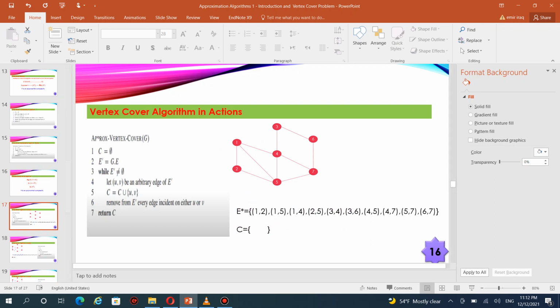So in this, we will see C, the solution, is empty. And E is all the edges in this graph.